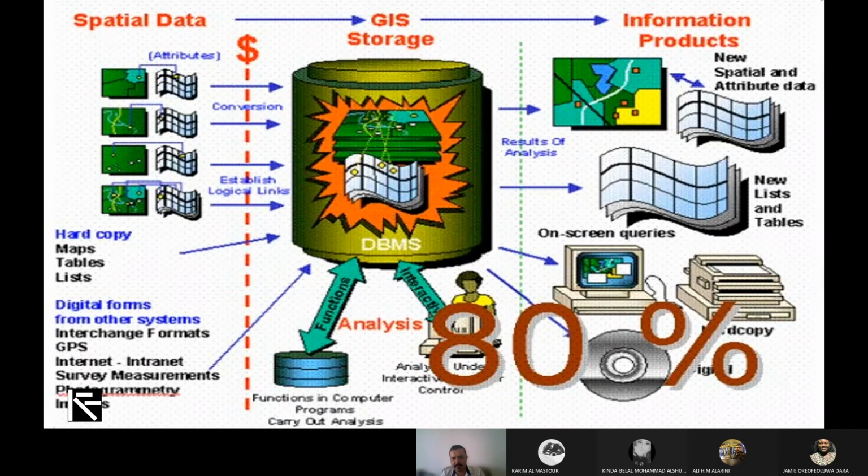We have a database, like a box, where everything goes and is collected. This is the 15%. And the last percent, which is report or output, we just make, let's say, a hard copy, digital copy, or screen queries, which is the 5% or our work result.